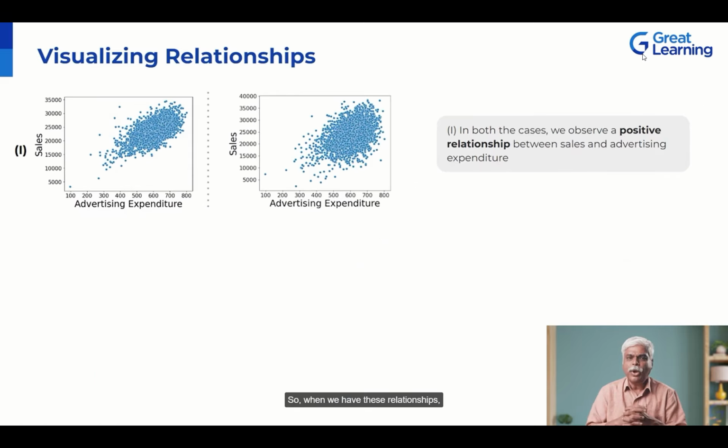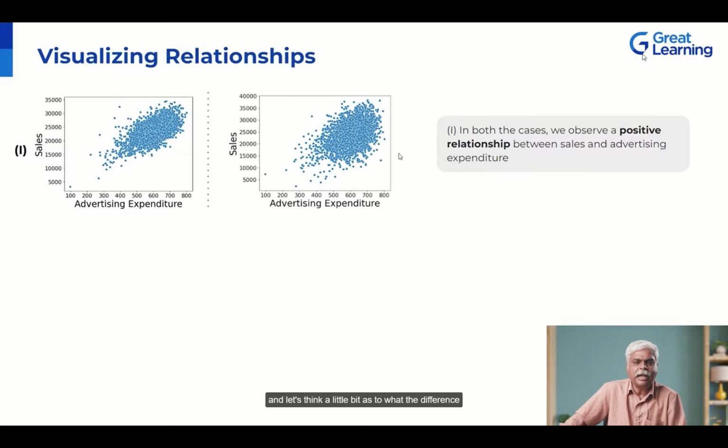So, when we have these relationships and we have sort of, shall we say, visualized them, can we go a little deeper in characterizing the nature of the positive relationships or the negative relationships, as the case may be? Let's look at these two graphics. Let's look at the left graph and the right graph here.